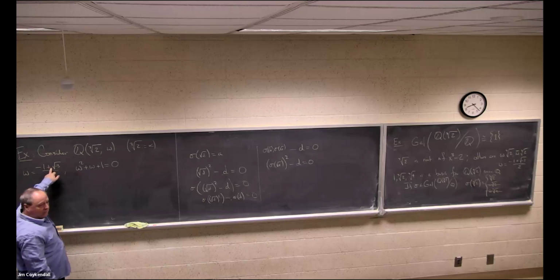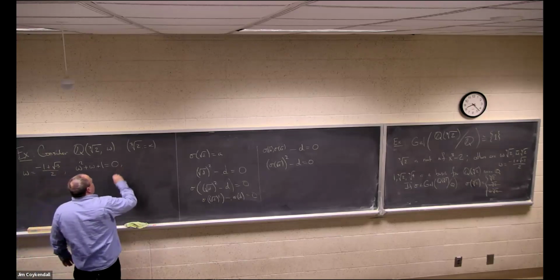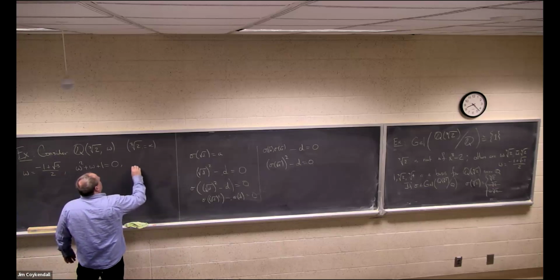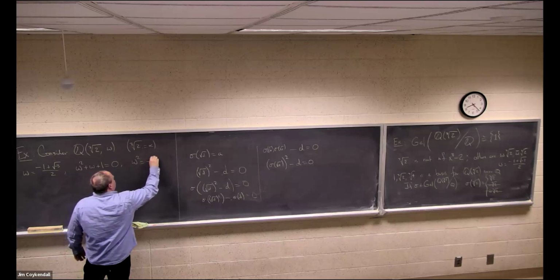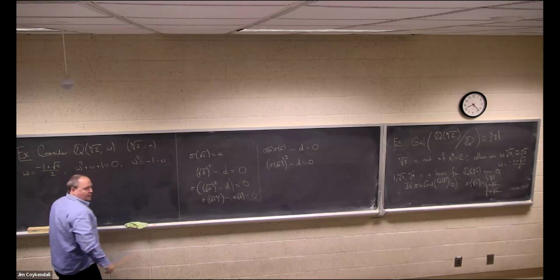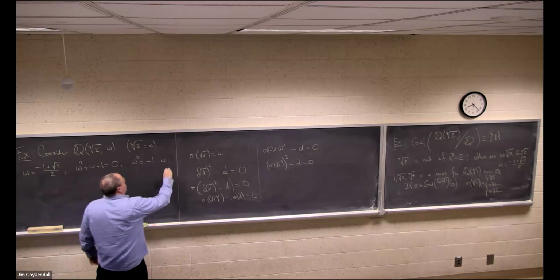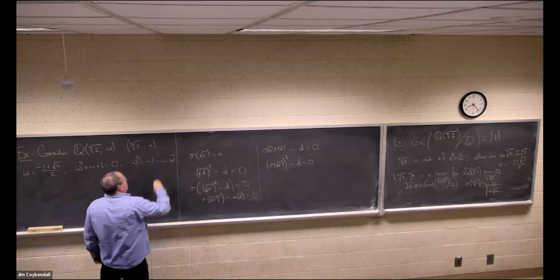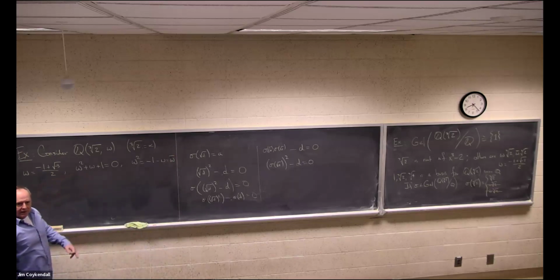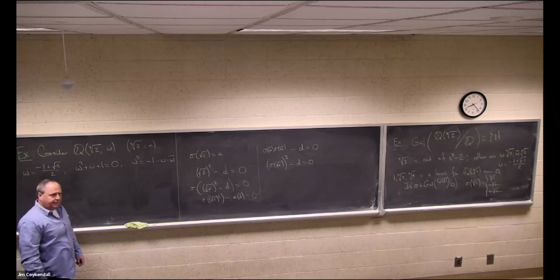You can check me with the quadratic formula on that if you like. So in particular, omega squared is minus 1 minus omega. And this is also equal to the complex conjugate. So when you square omega, you actually get its complex conjugate. Okay with that? That'll be useful for us, I think.